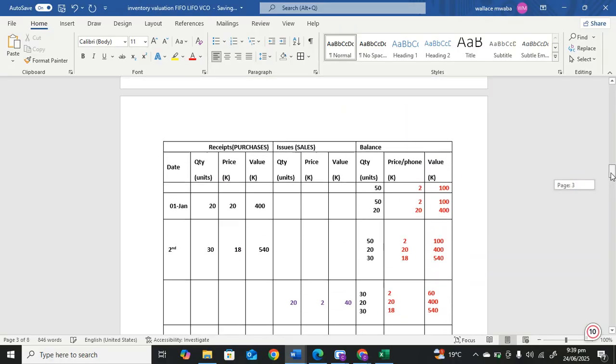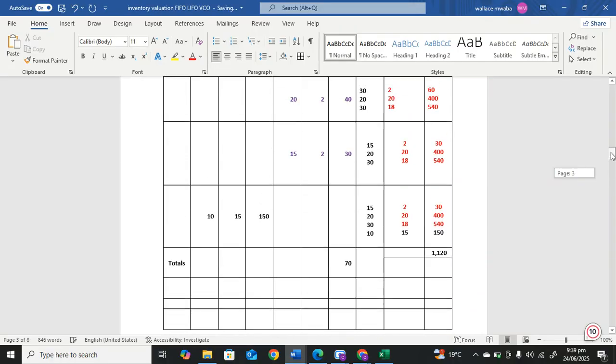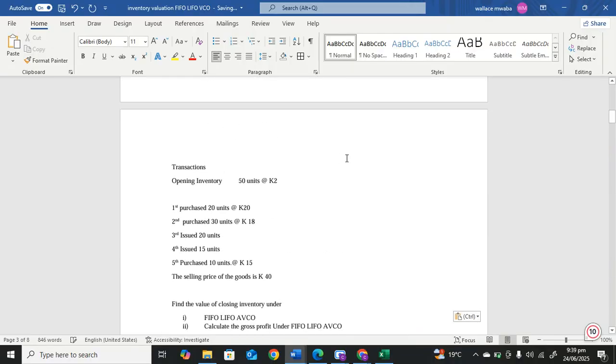Yes, so with Lifo, the opening inventory will be the same here. This purchase of 20 units will be the same. This purchase of 30 units is going to be the same. But where the difference will come in now is when we issue these 20 units.